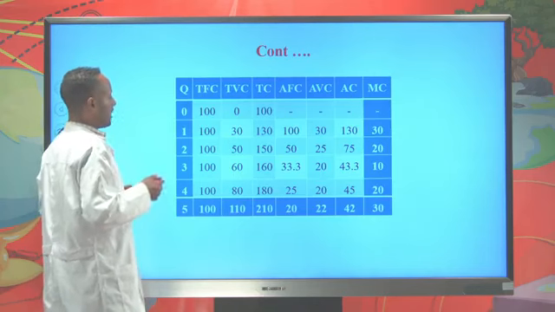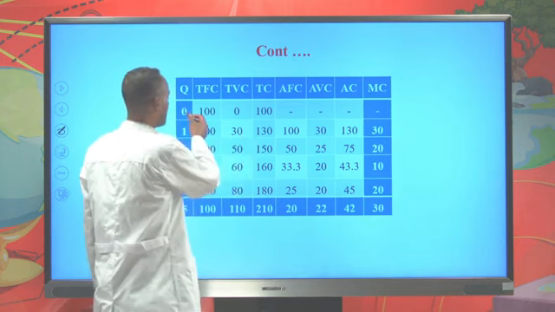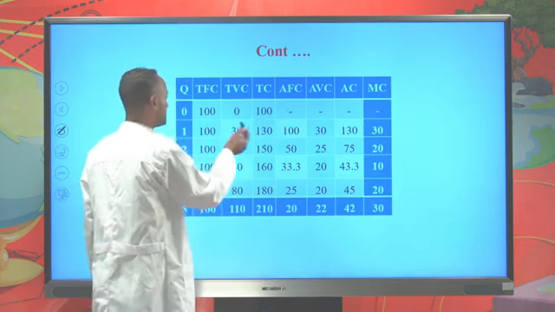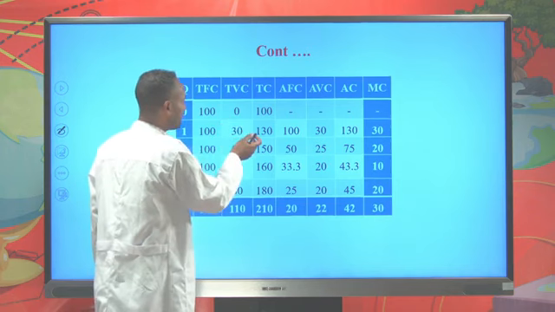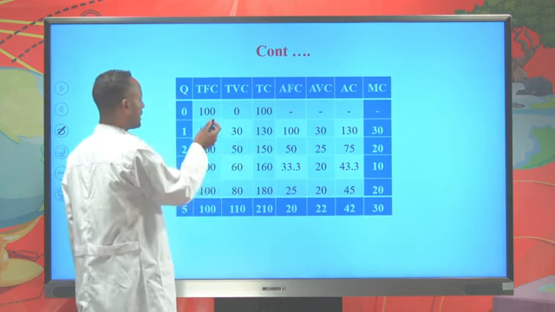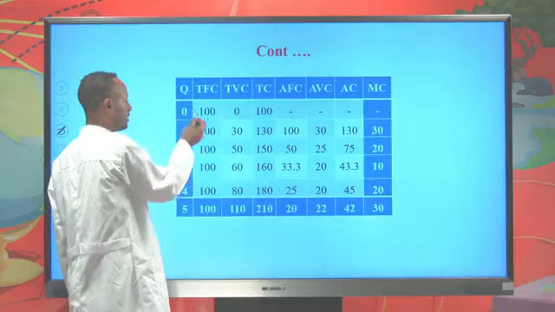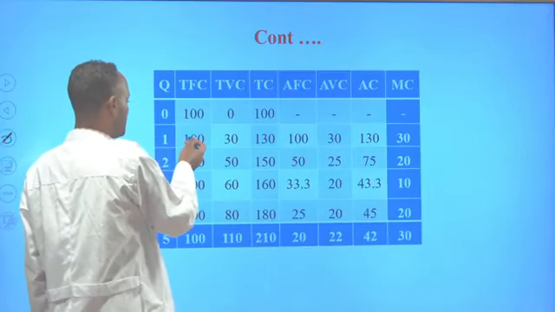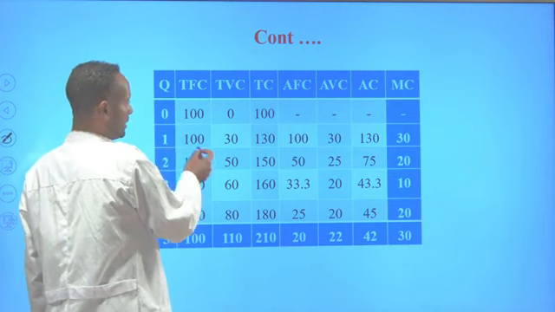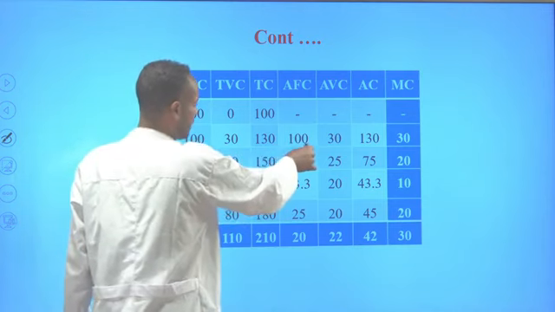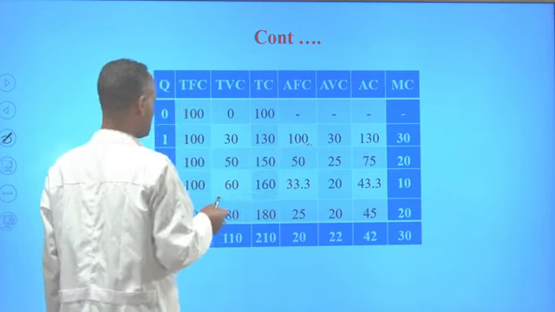Here, the average fixed cost of producing 0 units of a commodity is undefined since the denominator is zero. The average fixed cost of production is calculated by dividing TFC by Q. So, if the TFC is 100 and the output produced and sold is 1, then the average fixed cost of production is 100.